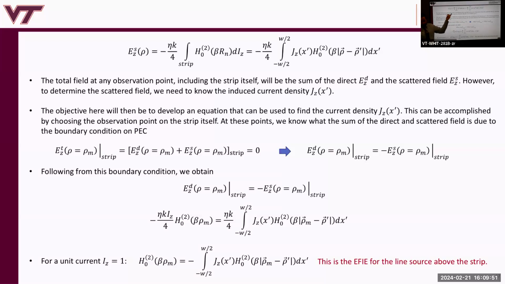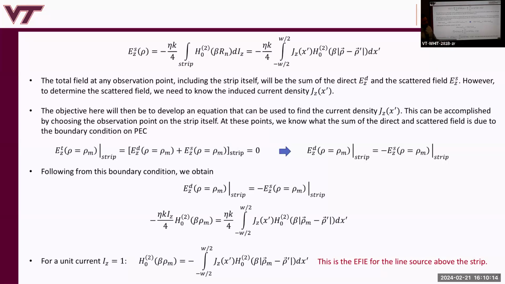It's equal to 0. So now the left-hand side is known, and everything is known in this equation except for the current density under the integrand, which we can find, right? So that's the idea. We need to specialize this equation, which is for points of observation anywhere, to places in space where we know what those fields have to be.